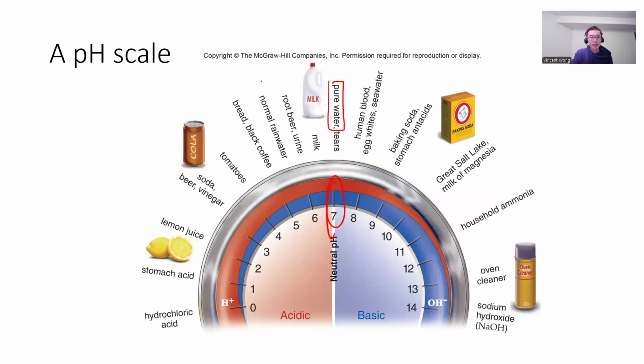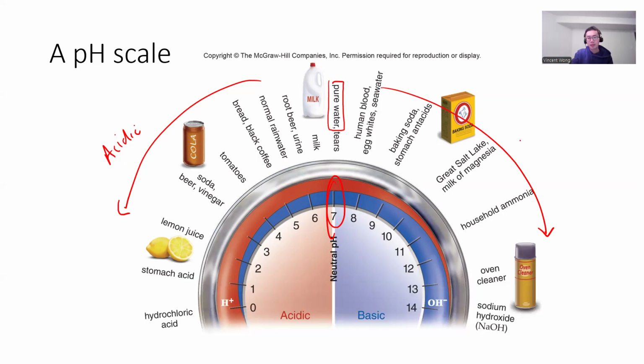Anything that's below 7 is going to be acidic. So think of citrusy stuff, lemon juice, orange juice. You have acid in your stomach, all that stuff is going to be acidic. Vinegar is acidic. They usually taste sour. They're corrosive. On the other hand of the spectrum, if it's above 7, then we say it is basic.